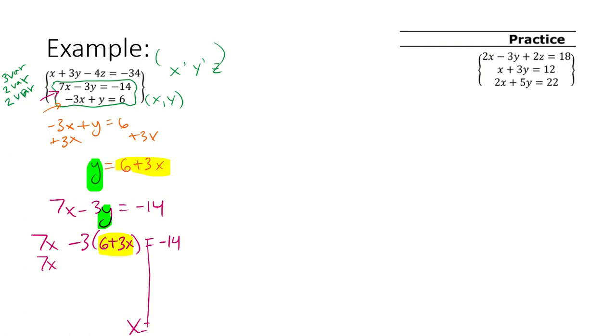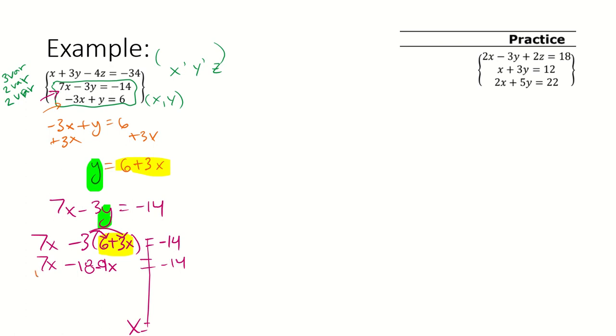So 7x, this negative 3 that you see is going to have to be distributed inside. So negative 3 times 6, that's negative 18. And negative 3 times positive 3x, that's negative 9x. And then that's negative 14 over here. So next is combine like terms.